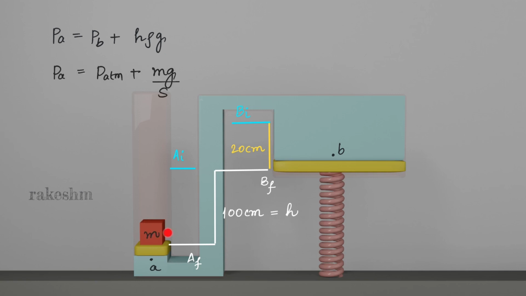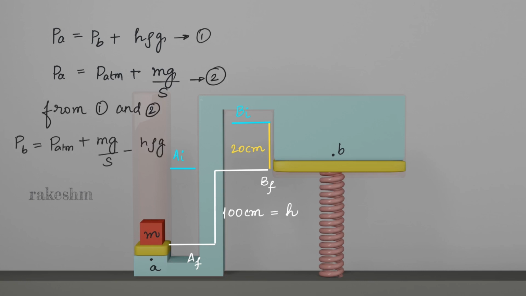Now if this block is of mass m, we can write P_A equals P_atm plus mg by S, where mg is the weight of this block and S is the cross-section area of this piston. From equation 1 and equation 2 we can write P_B equals P_atm plus mg by S minus hρg.